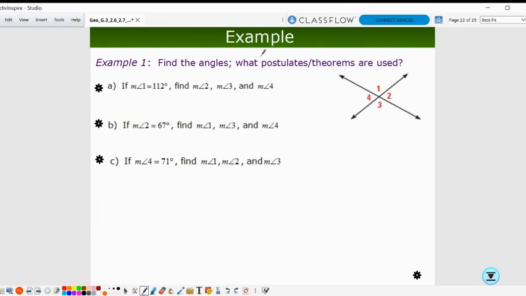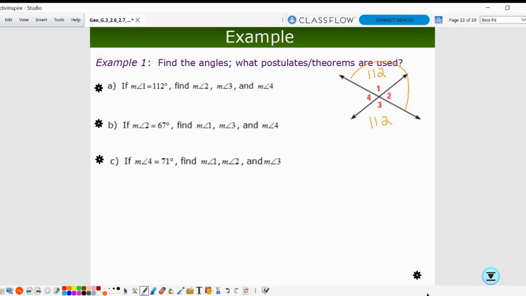Find the angles and what postulate or theorem was used. If I know the measure of angle 1 is 112, I know the measure of angle 3 is 112. That's that vertical angles congruence theorem. If I know that 1 and 2 are a linear pair, then I know they are supplementary.